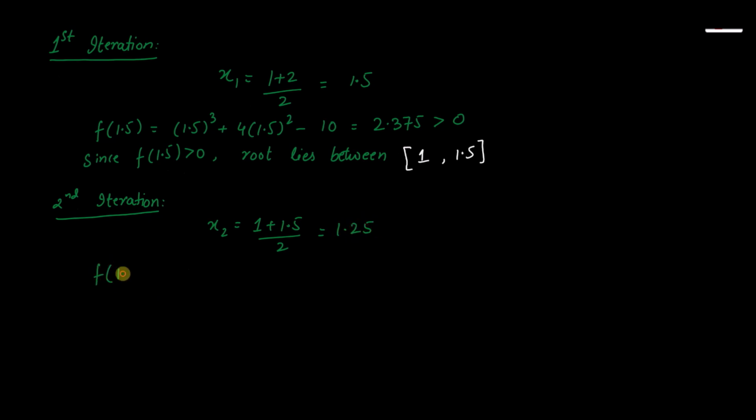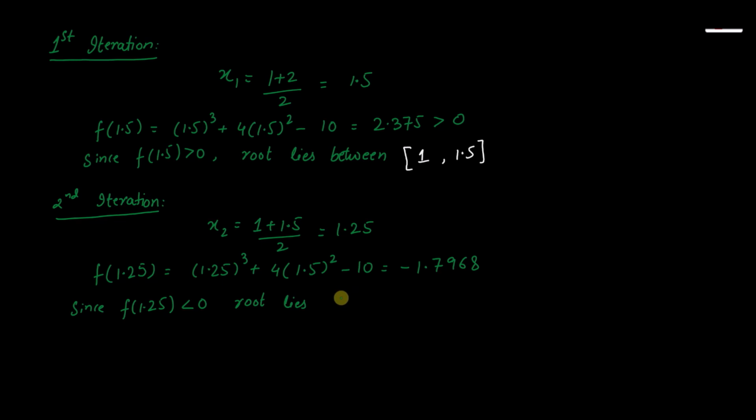Now we substitute into the function in order to examine the sign. 1.25 cubed plus 4 times 1.25 squared minus 10 gives negative 1.7968. Since f(1.25) is less than 0, the root lies between 1.25 and 1.5. We update the negative side, and the positive side remains the same.